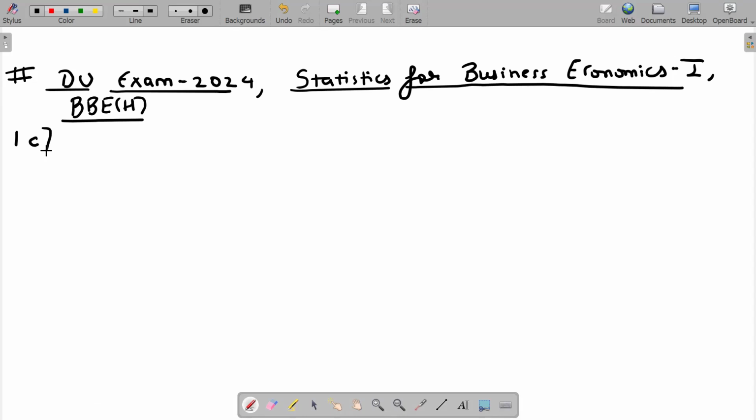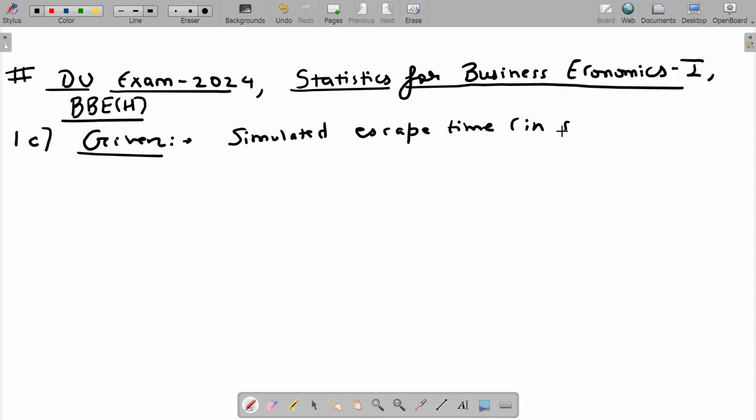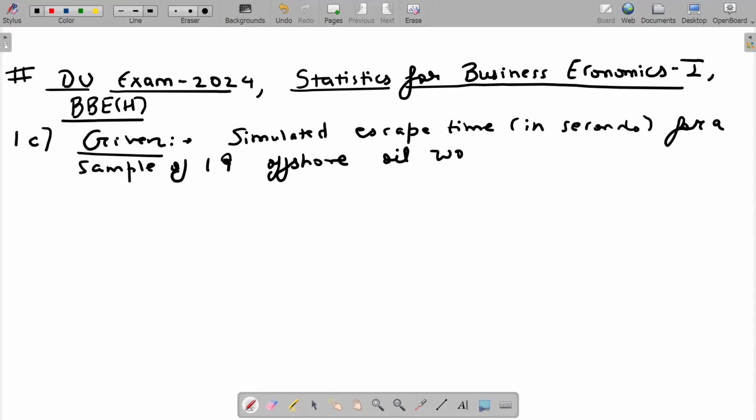So we are given the following data. We are given the simulated escape time in seconds for a sample of 19 offshore oil workers.